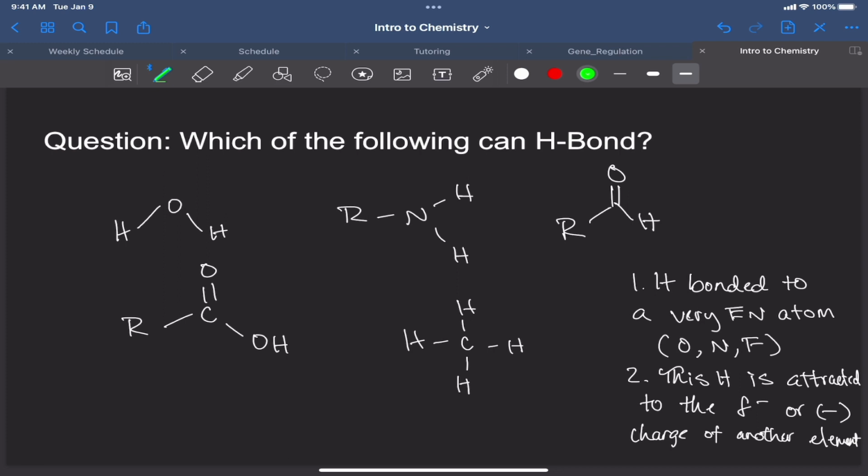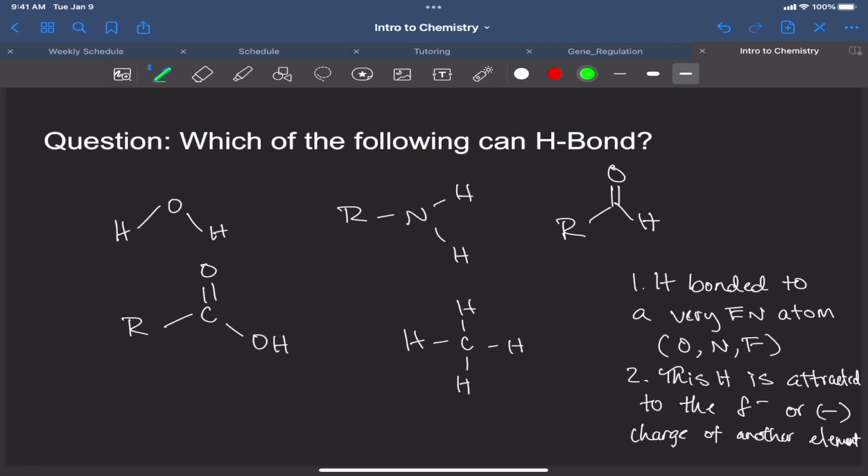So you can actually get attraction with a hydrogen bond with an ionic compound. That's how ions dissolve in water. And then the essentially negative charge of another element.